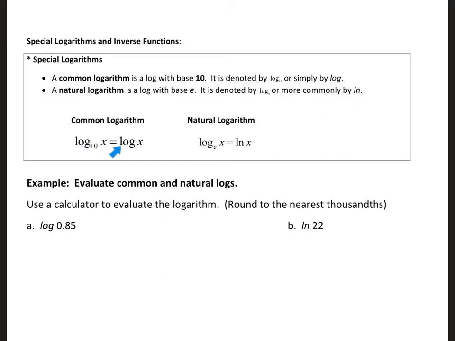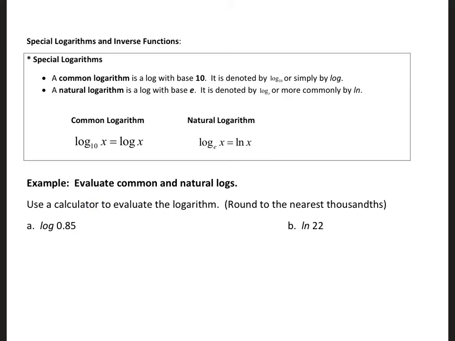So here is the common logarithm, here is a natural logarithm, and here you're going to use a calculator to evaluate the logarithm, and you're going to round your answer to the nearest thousandth, 3 decimal places.